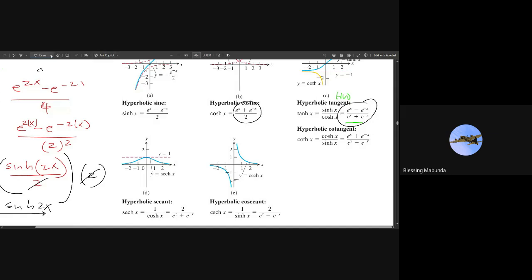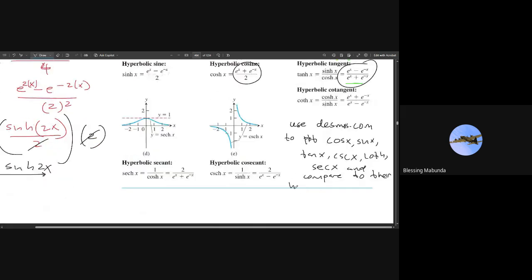So the homework that I'm going to give you here is to use desmos.com to plot cos x, sin x, tan x, cosecant x, cot x, sec x, and compare them to their hyperbolic equivalents.